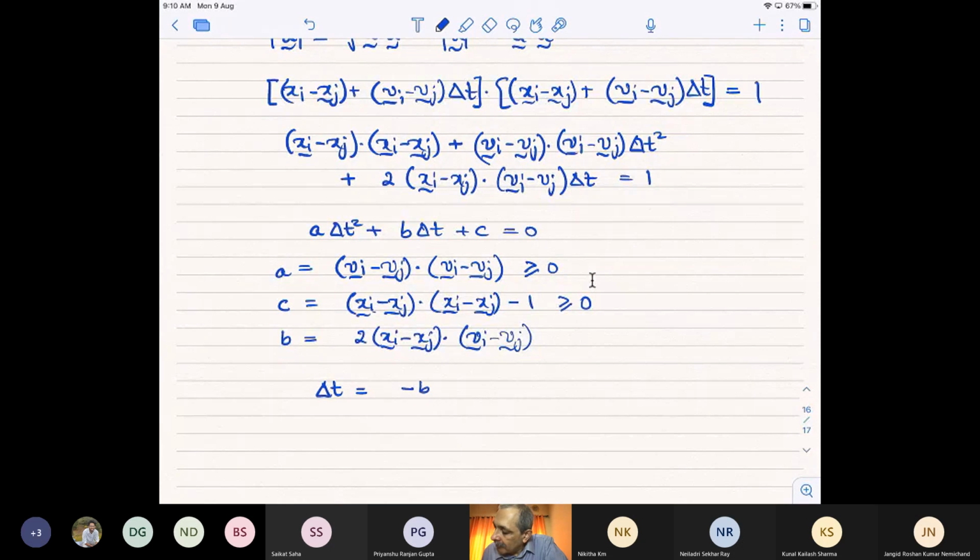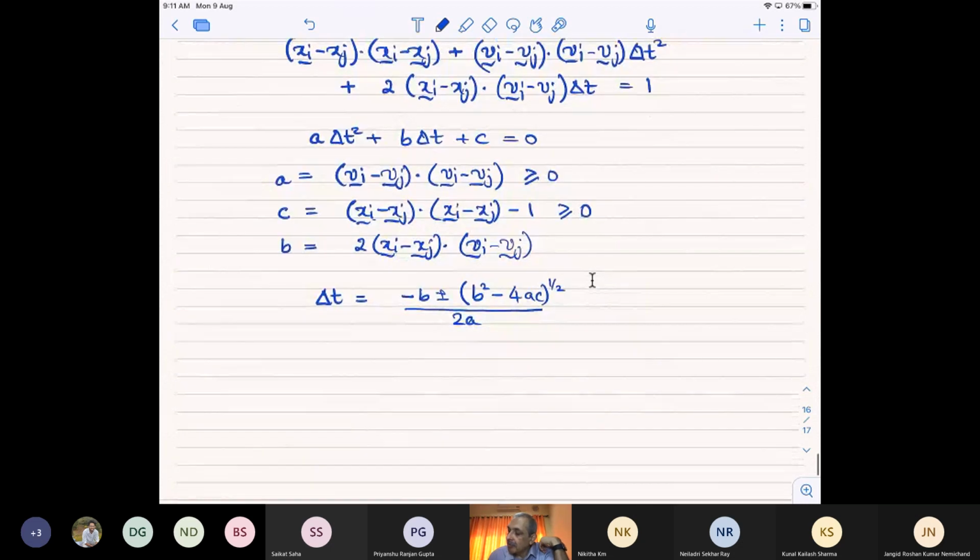So this is equal to minus b plus or minus square root of b squared minus 4ac, raised to the power of half, divided by 2a. Now we have seen a is greater than or equal to 0, and c is also greater than or equal to 0. So if you look under the square root sign, the term 4ac is always going to be subtracted.